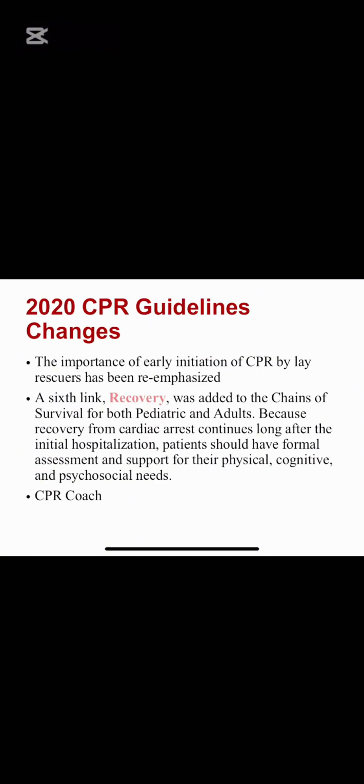This is the 2020 CPR guideline, and what it hinges on is the importance of early initiation of CPR. This is important because we know that the earlier CPR is initiated, the better the chances of survival. There's even a CPR-only BLS where someone is only applying CPR.